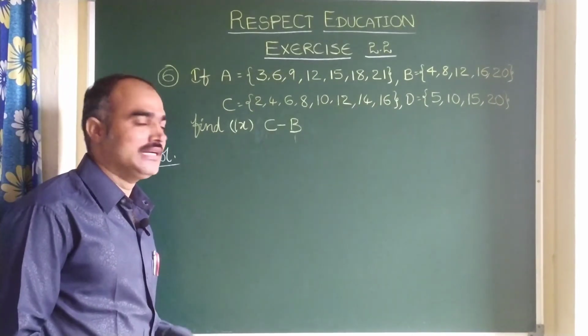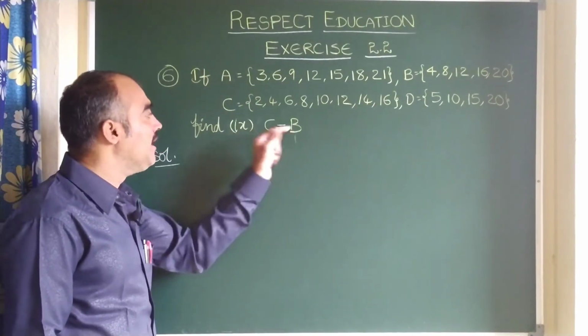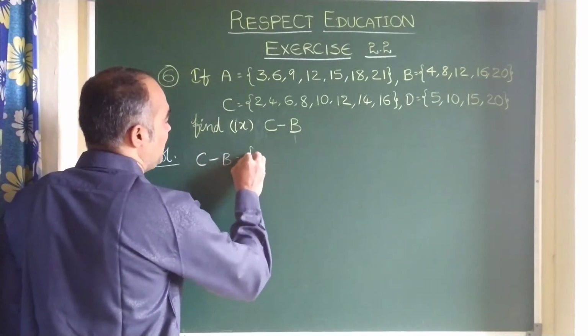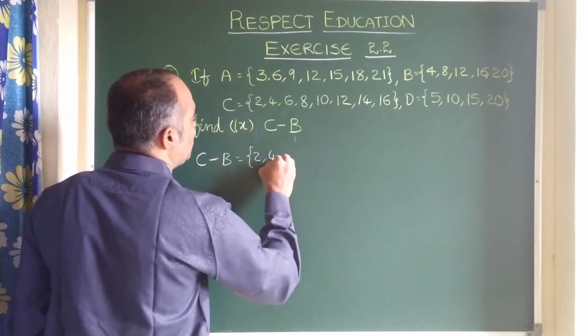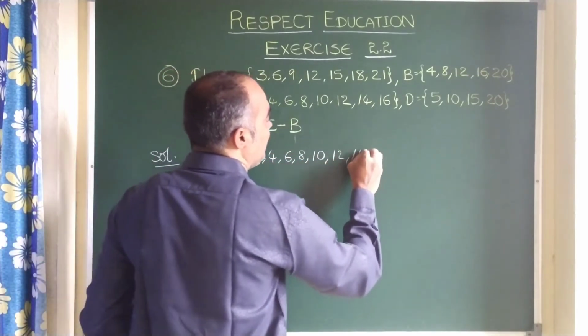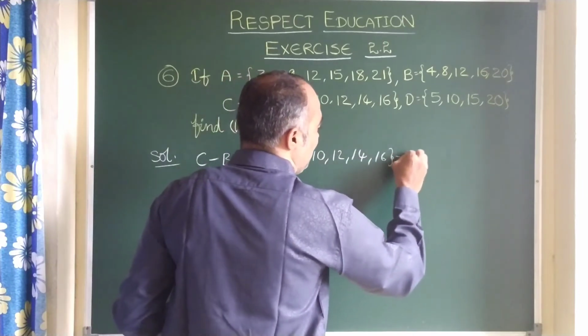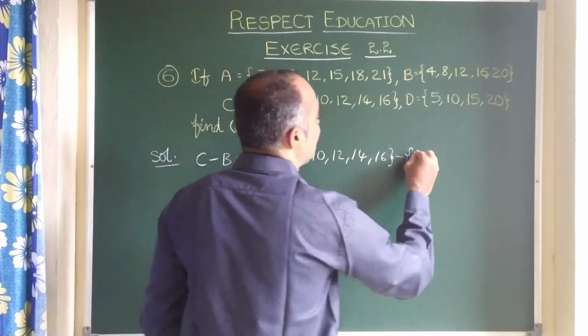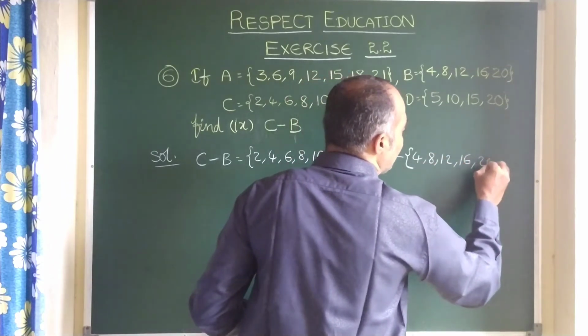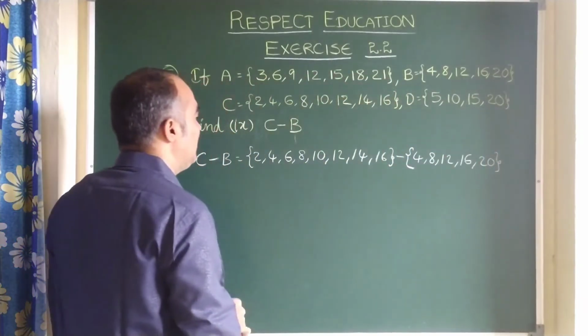Now let us see the next bit, that is the 9th bit, C minus B. Let us write C first. 2, 4, 6, 8, 10, 12, 14, 16. This is C minus B. B is here 4, 8, 12, 16, then 20. Right?